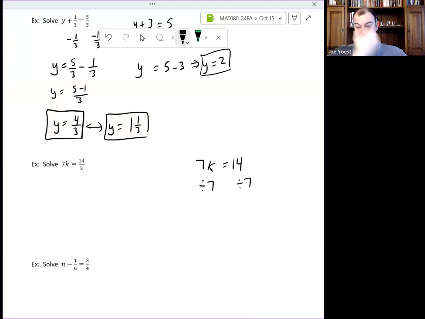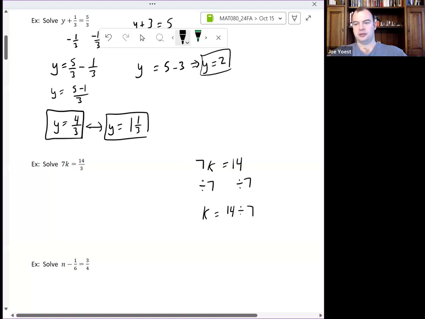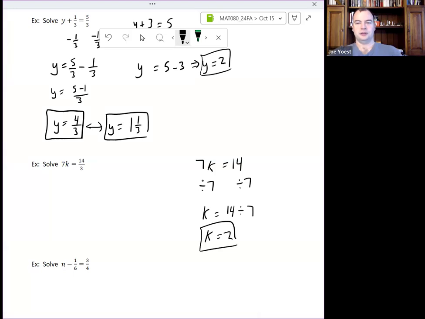And on the right-hand side, I divide by 7. 7k divided by 7 just gives me a k. And 14 divided by 7, that's what I end up with on the right-hand side. I see that k equals 2. If I have 7 times k equals 14, I divide both sides by 7, get k by itself, and then I simplify the right-hand side.